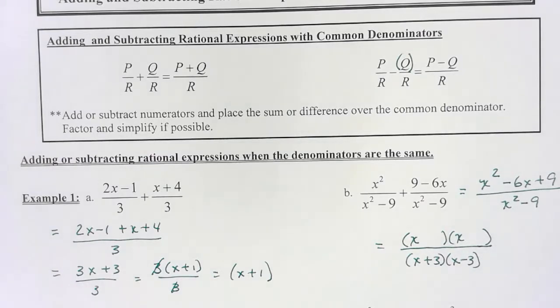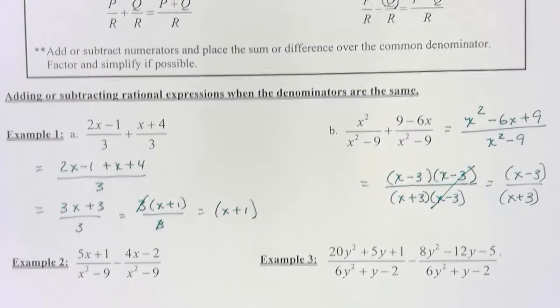Pause me, see if you can do it real quick. But I'm going to need a negative 3 and a negative 3. These will eliminate, so I'm left with x minus 3 in the numerator, x plus 3 in the denominator.